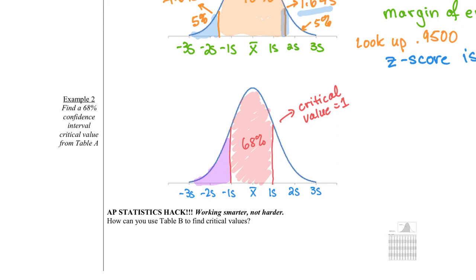So 100 minus 68% means that the tails total 32%, divided by 2 would be 16% each. So that tail, 16% plus 68%, means that from the lower tail to this point is 84% of our total.